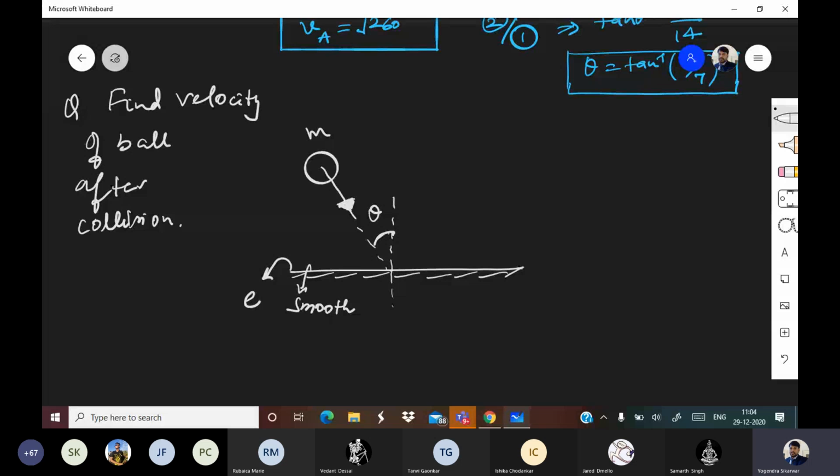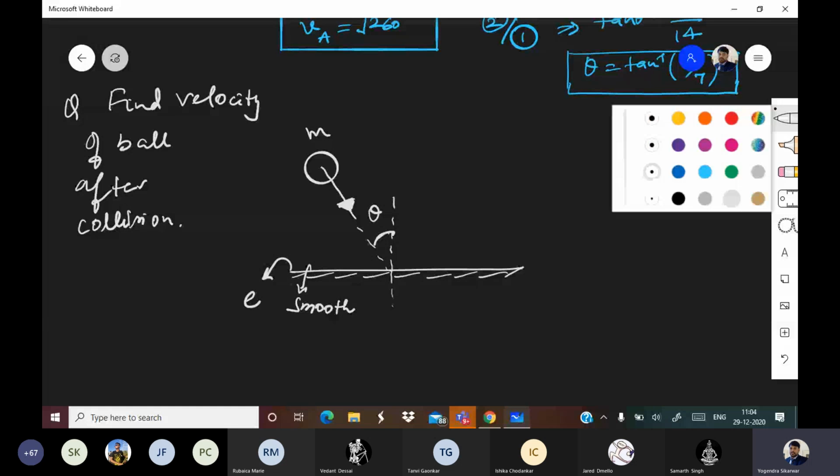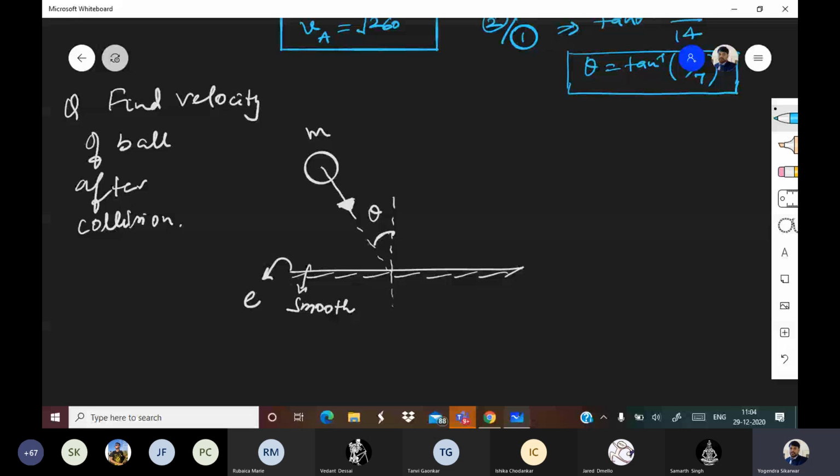Okay, everyone, please pay attention. If this angle is theta, this will also be theta. So if the ball was coming with velocity u, this velocity will be u cos theta, and this velocity will be u sin theta.